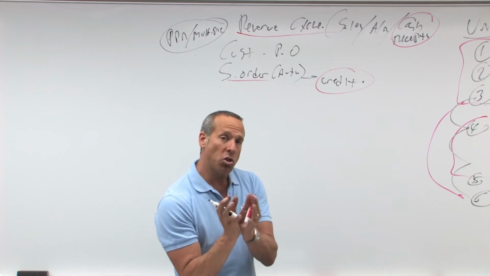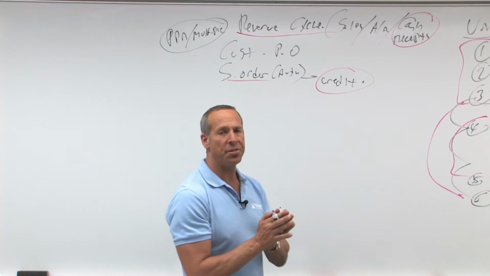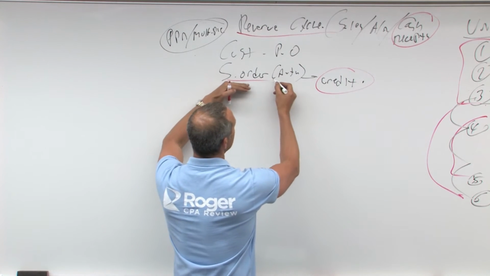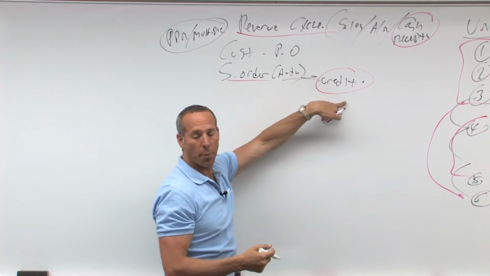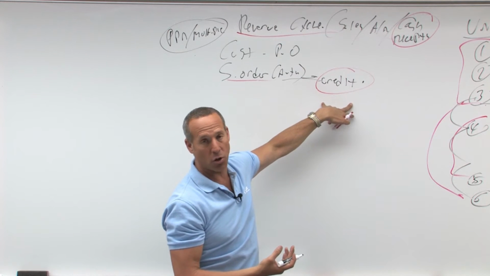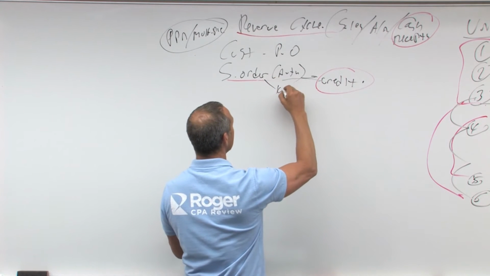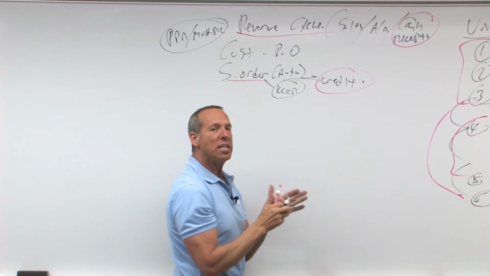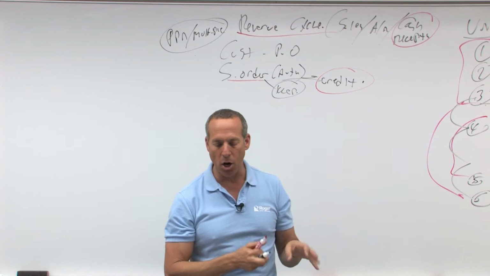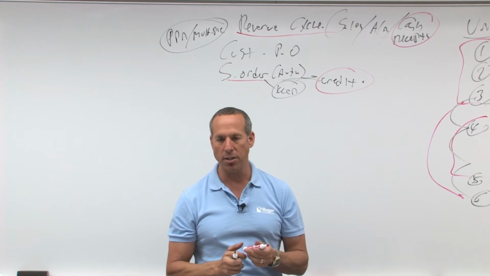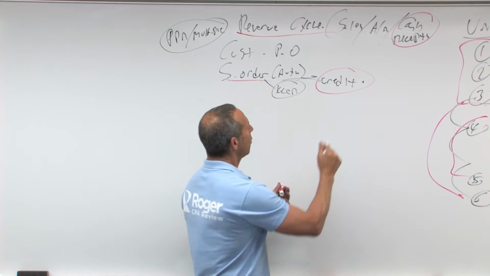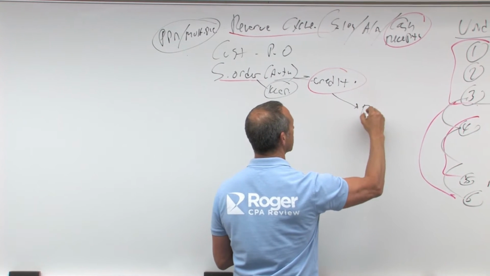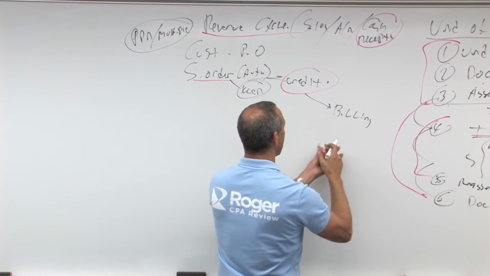These are, again, multiple copies. So where are we going to send this copy? Where we've got a sales order, one copy goes over to the credit department, or maybe even a couple of copies go to the sales credit department. We're also going to always keep a copy. Always keep a copy of whatever you prepare, so that way you have some documentary evidence. Once it's approved, the credit department might send one over to billing. So they're going to collect this.